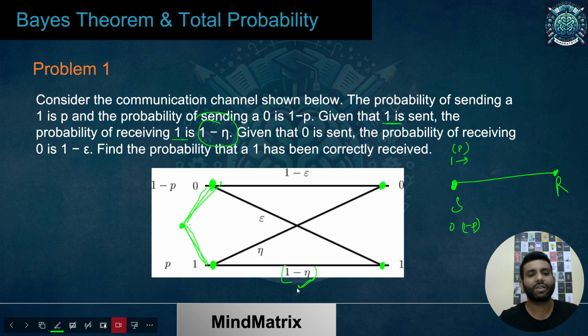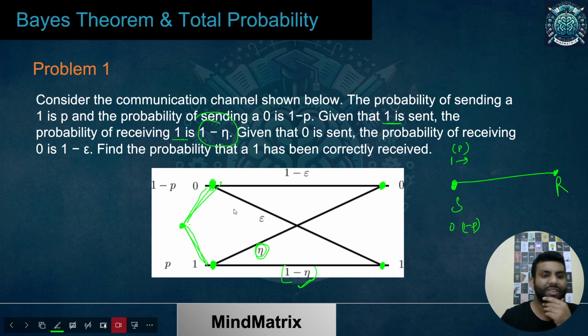I hope this is clear. That means if I'm sending 1, I may receive 0 with probability eta, and 1 with probability 1 minus eta.